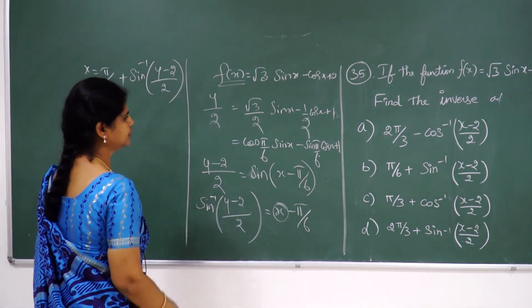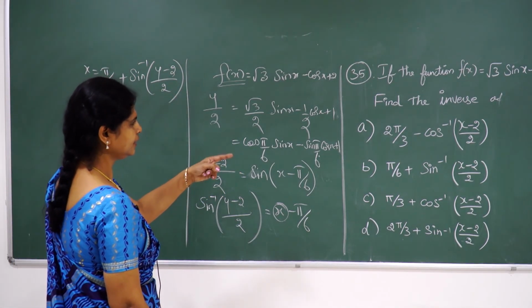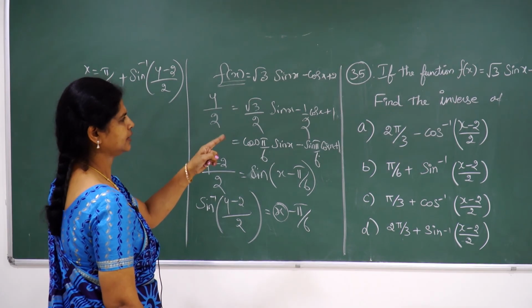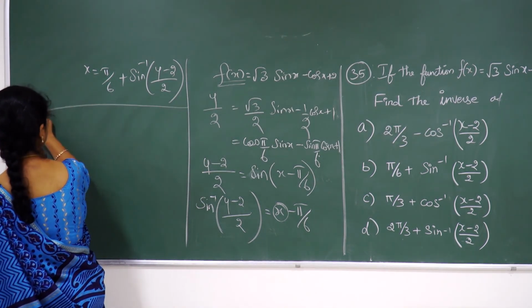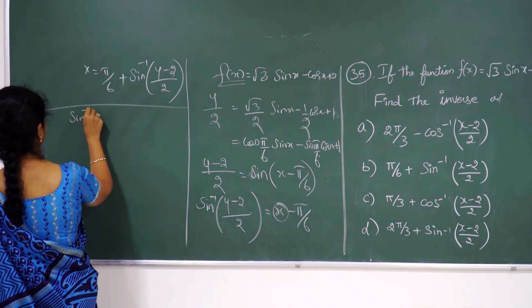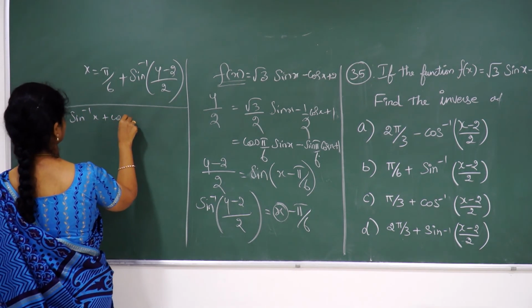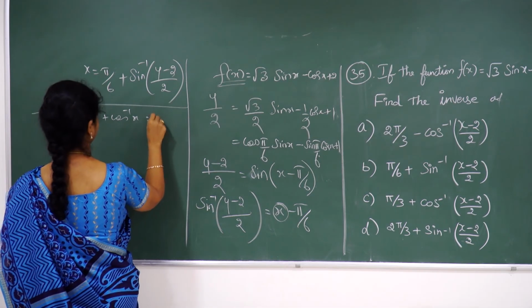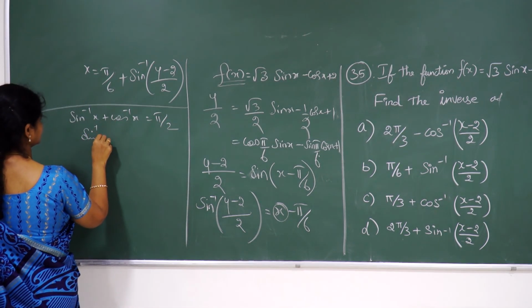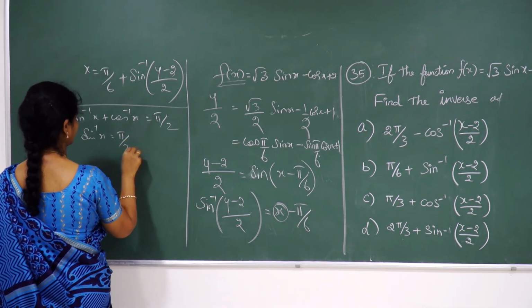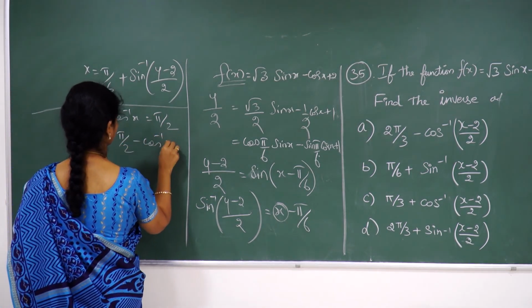Okay, so it comes under option B. Again, option A is also a correct answer. Using the formula, you can use sin inverse x plus cos inverse x equal to pi by 2. So your sin inverse x is equal to pi by 2 minus cos inverse x.